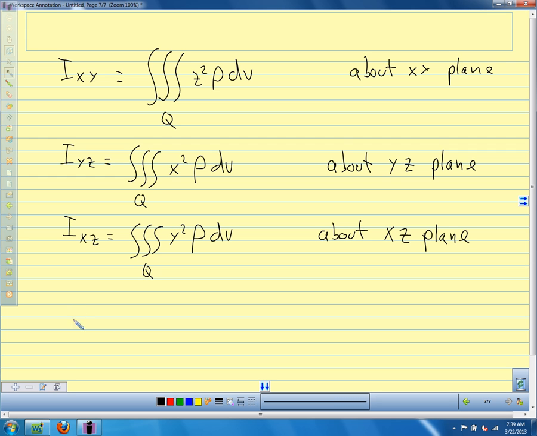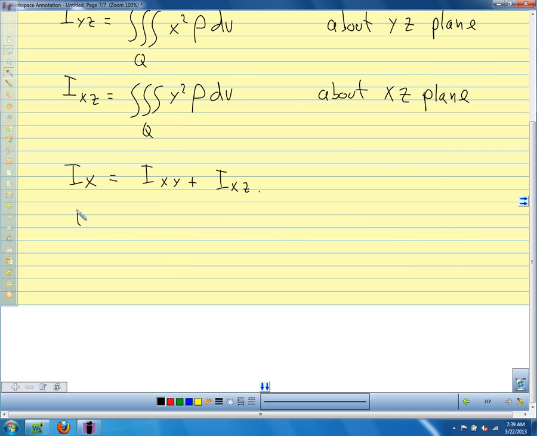So the relationship between these is I sub x is I sub xy plus I sub xz. I sub y is I sub yz plus I sub xy.